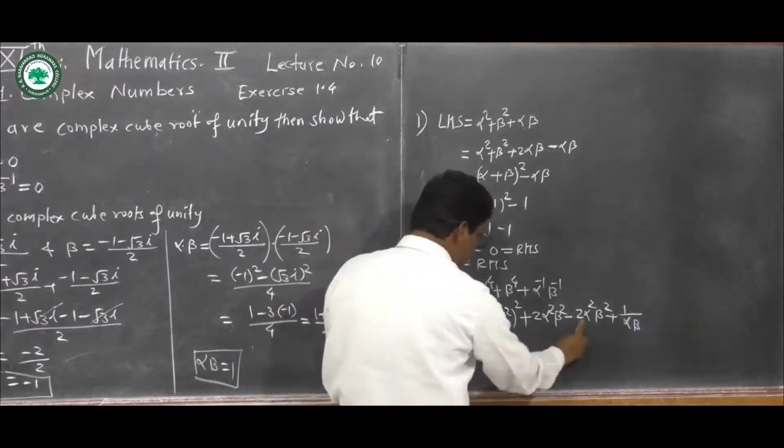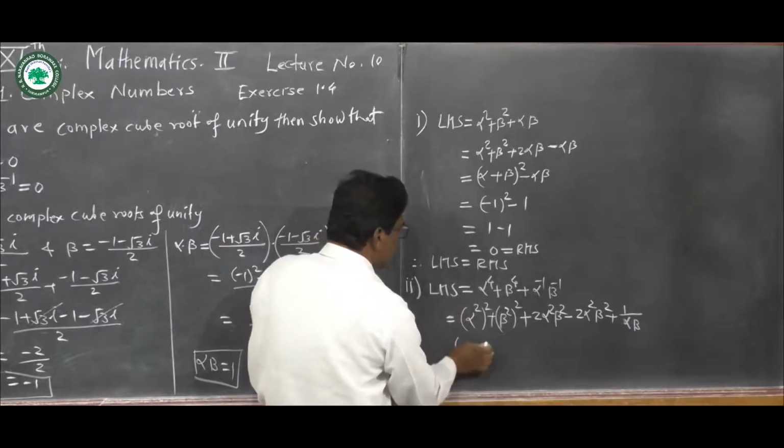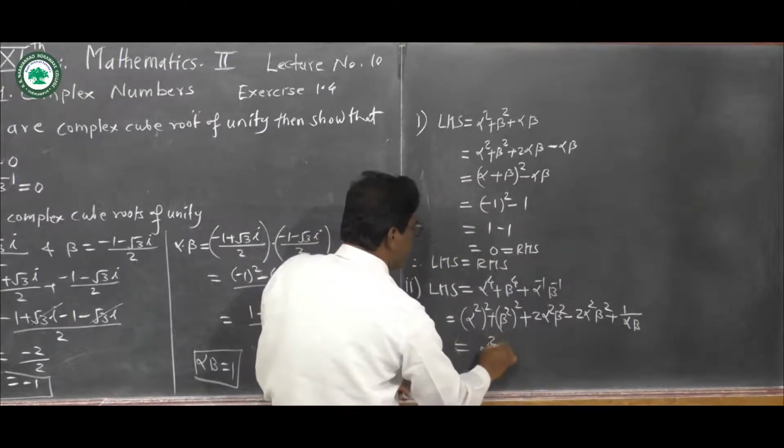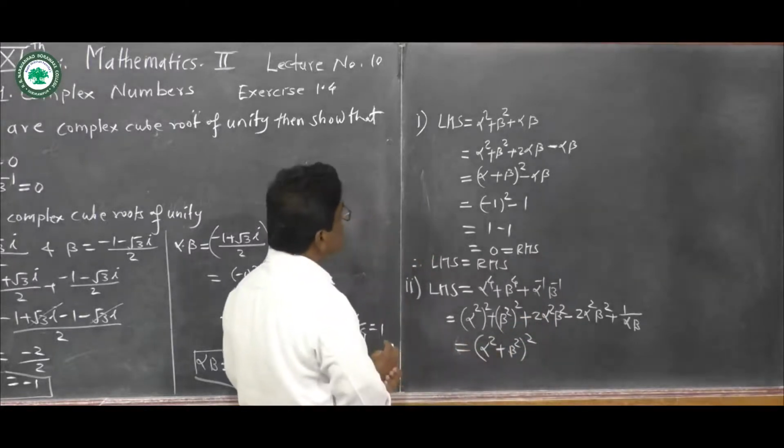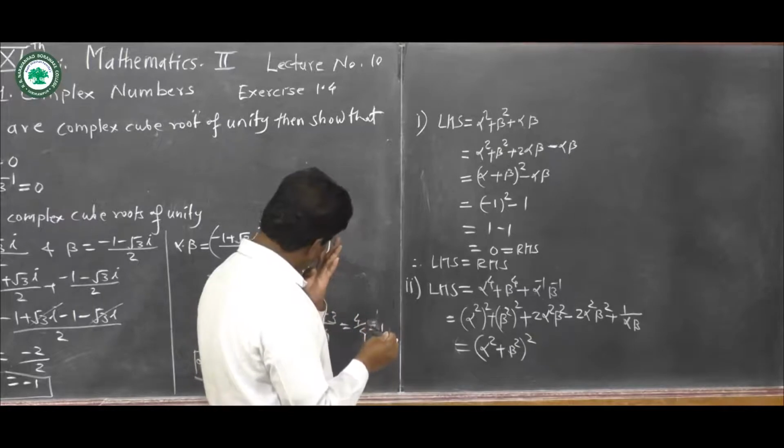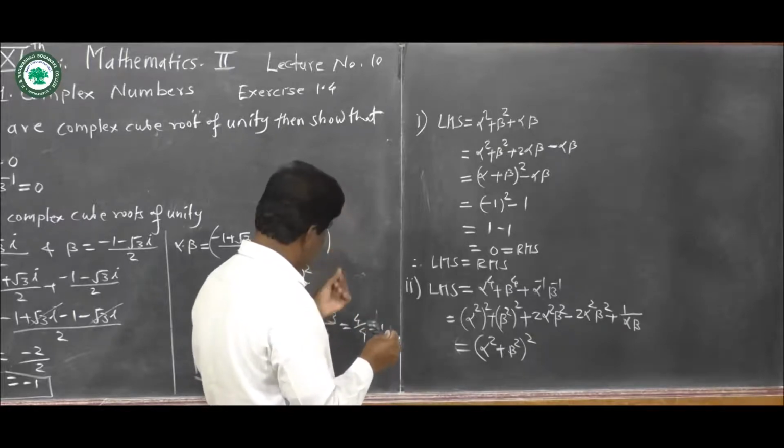And now this is the expansion of, so this is equal to alpha square plus beta square to the square.